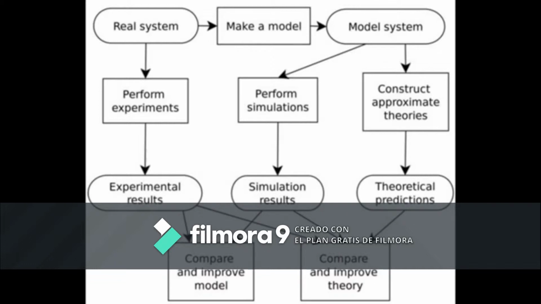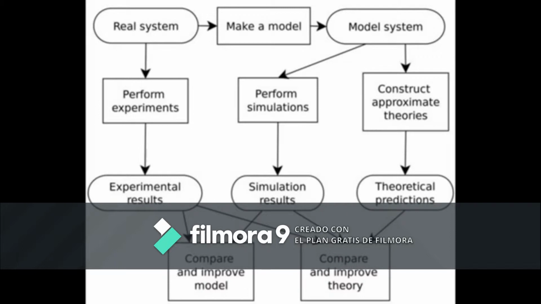Now I'm going to indicate to you the methodology to design a physical system using a computer simulator. Here you can see a map where you can follow the steps, and each step is going to take you to another. So depending on the step that you take is the result that you are going to have.